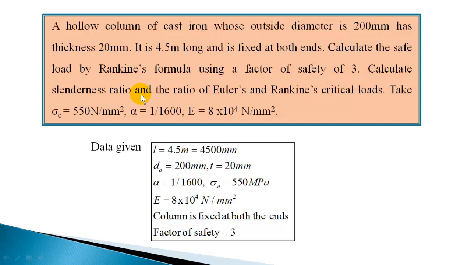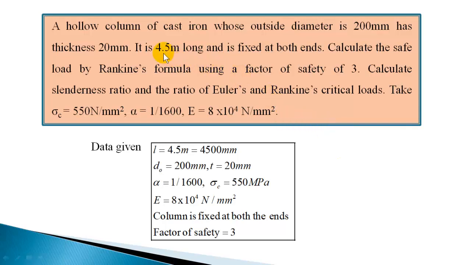Calculate slenderness ratio and the ratio of Euler's and Rankine's critical loads. Take sigma c is equal to 550 Newton per mm square, alpha 1 by 1600, E is equal to 8 into 10 raised to 4 Newton per mm square.